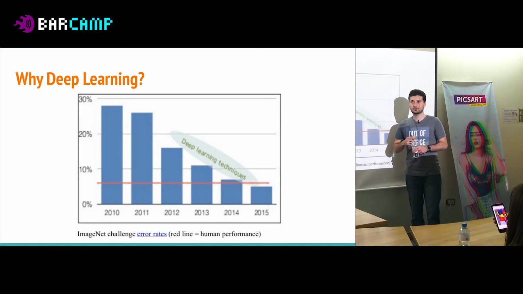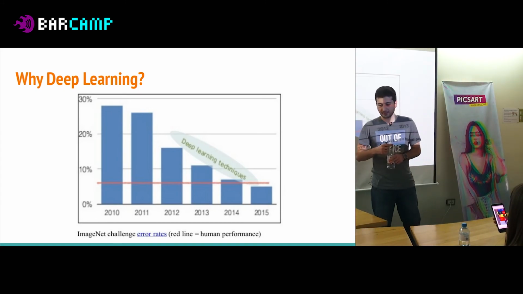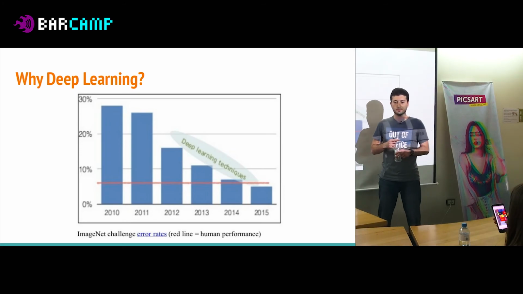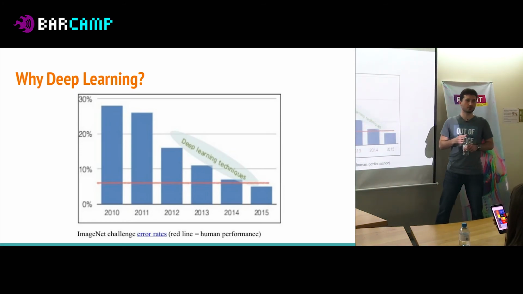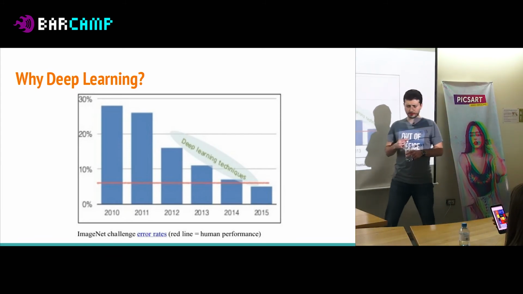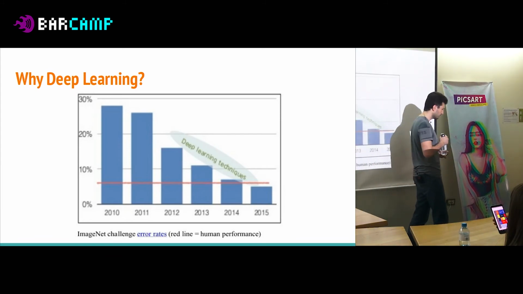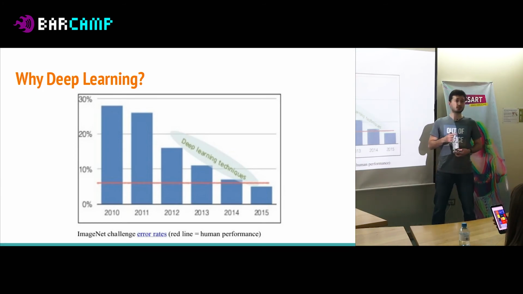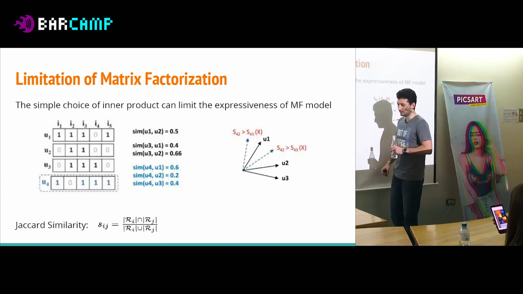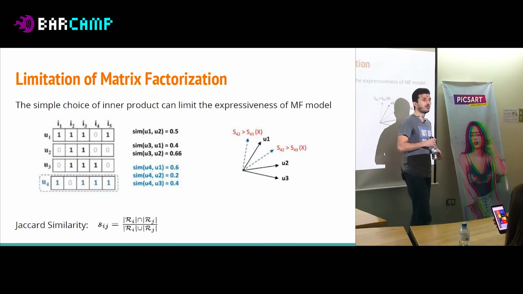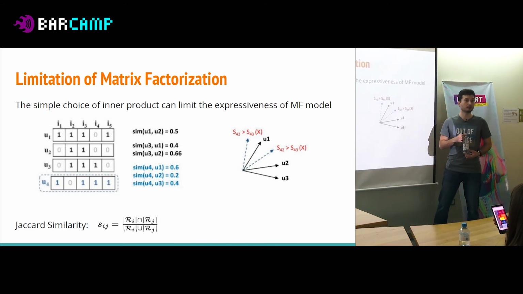And people started to think that maybe the improvement in results that they achieve in domains of computer vision, in domains of natural language processing, could be applied to recommender systems as well. And they started to think what they can improve.